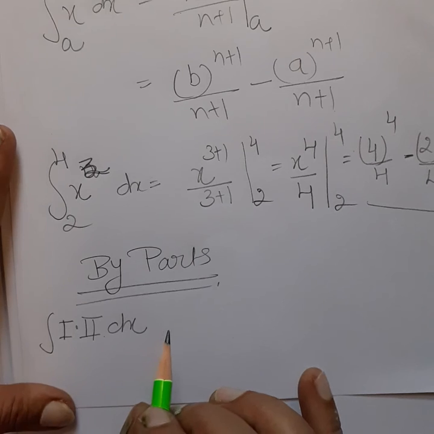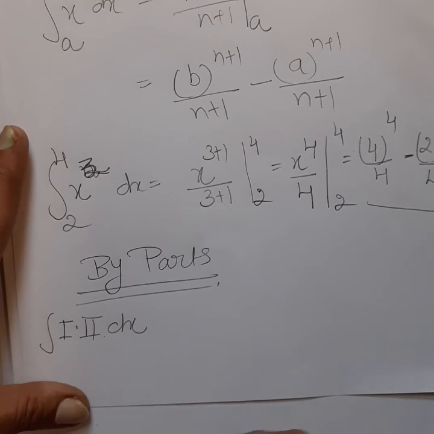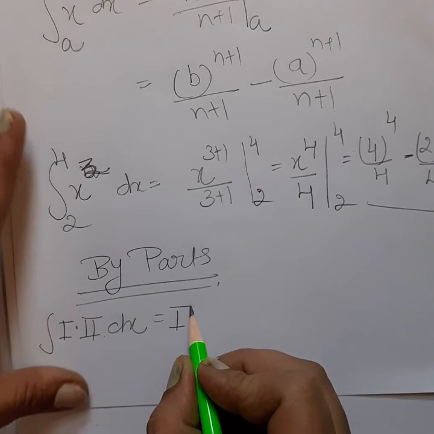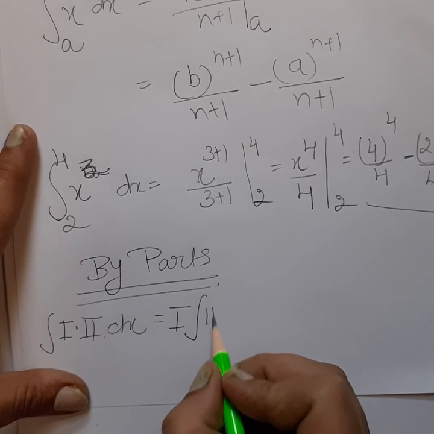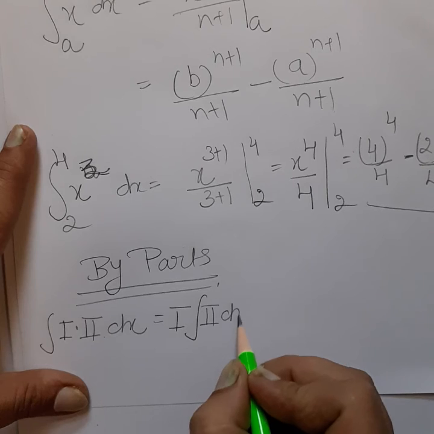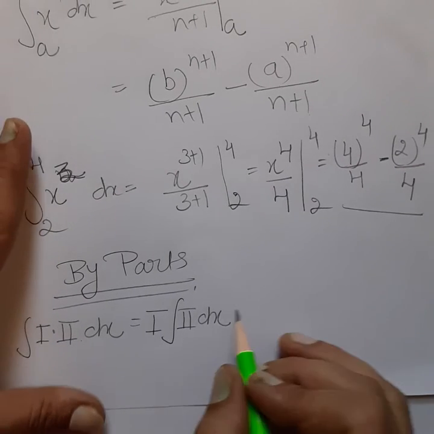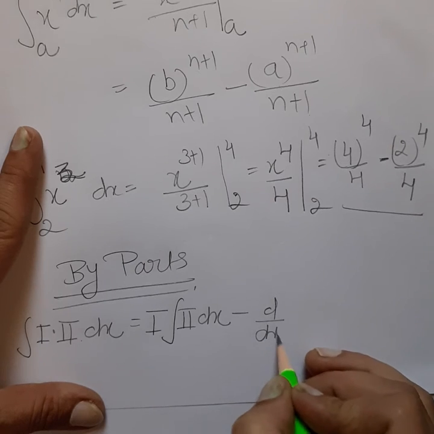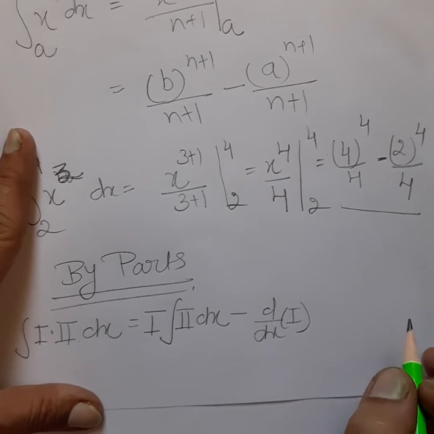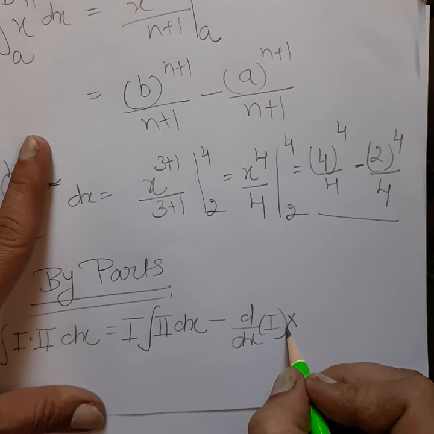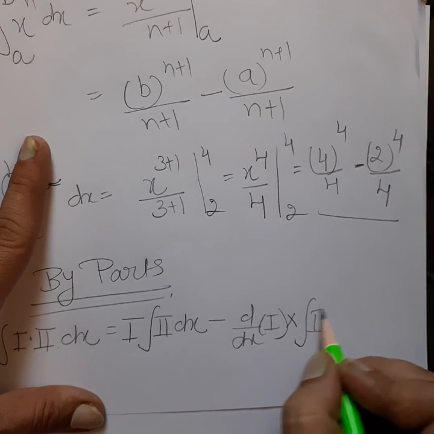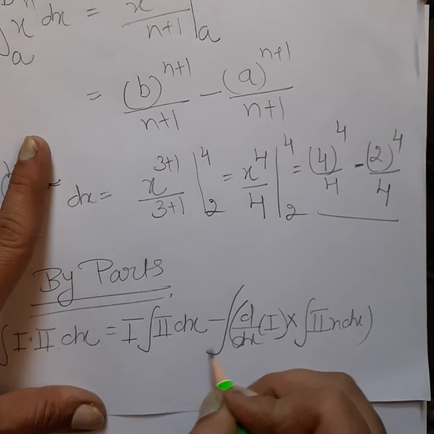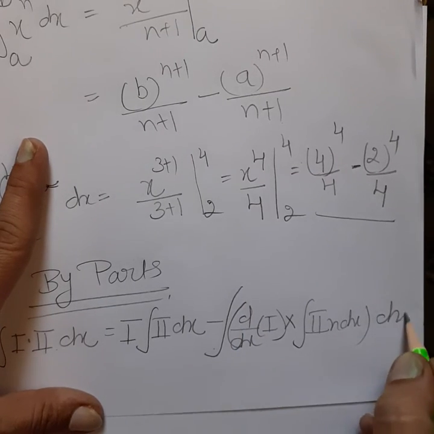We have studied in my earlier video that we write the first function as it is, and we take the integration of the second. After that we take the derivative of the first function and we multiply it by the integration of the second function, and after that we can take the whole integration.